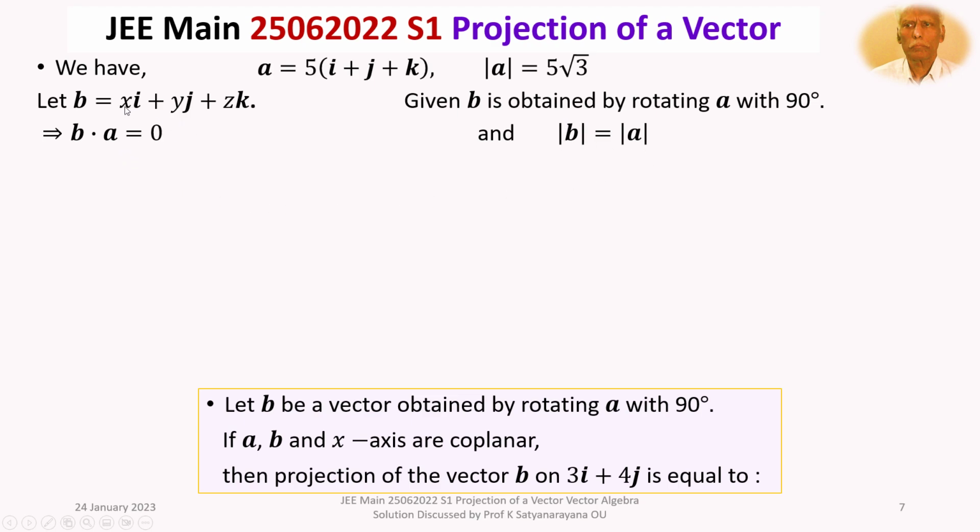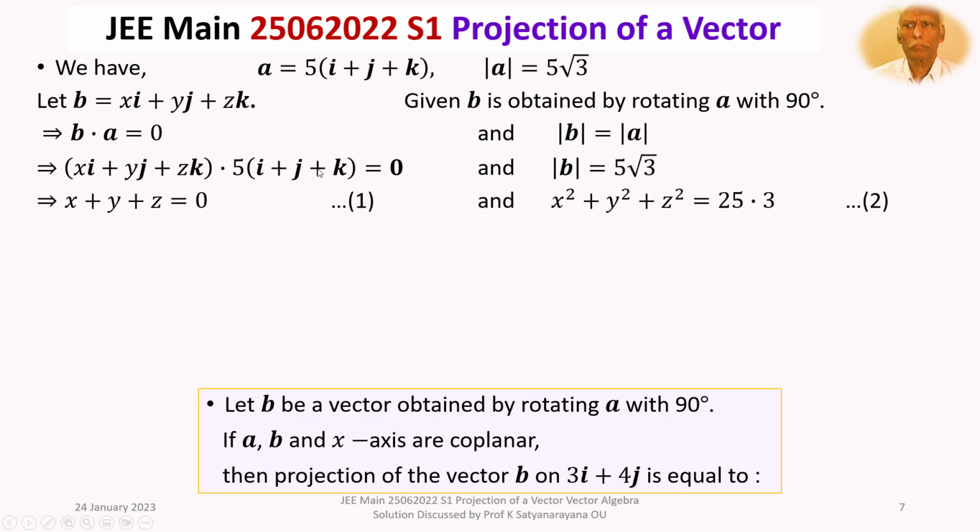So B is xi + yj + zk, A is 5i + 5j + 5k. If you take B dot A, it will be 5x + 5y + 5z equal to 0. 5 is common, so you will get x + y + z = 0.